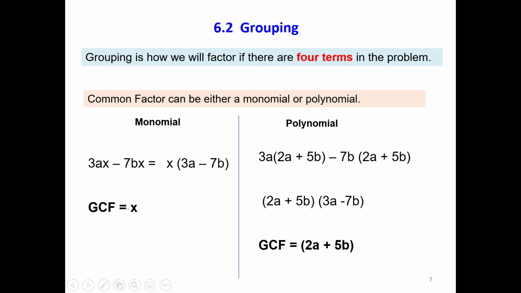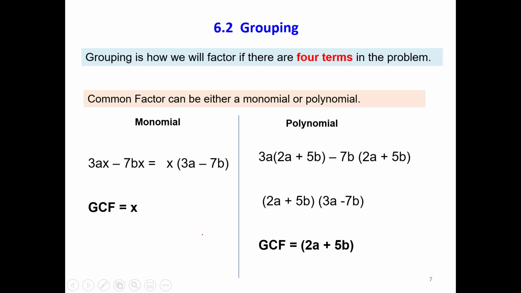We said last time we don't need to write 1. And then for the variables, we had x, because we had a and b, so just x is the common variable. In this case, the greatest common factor is x. If we just write x in front, then what is left is 3a minus 7b.